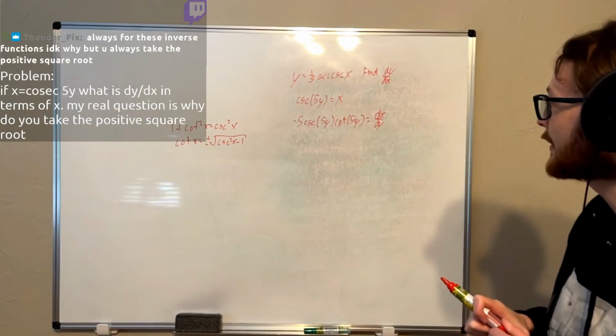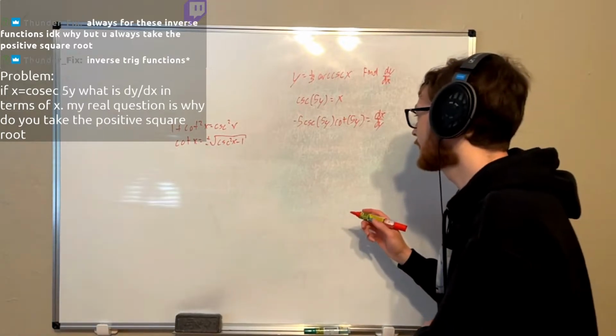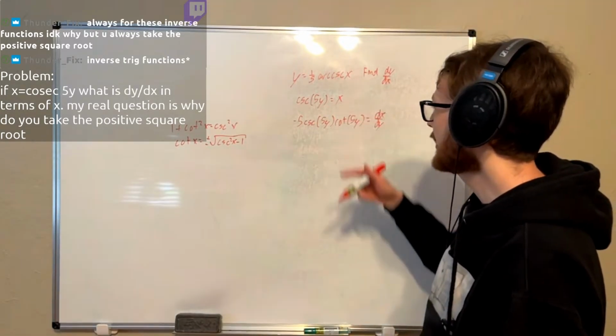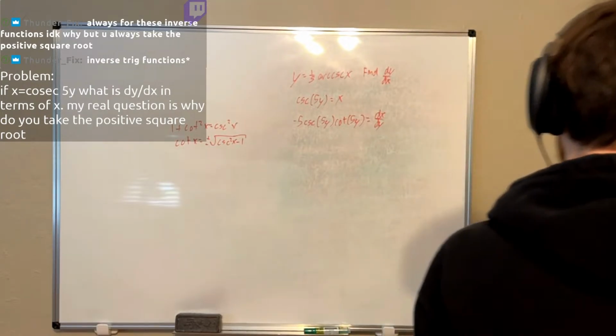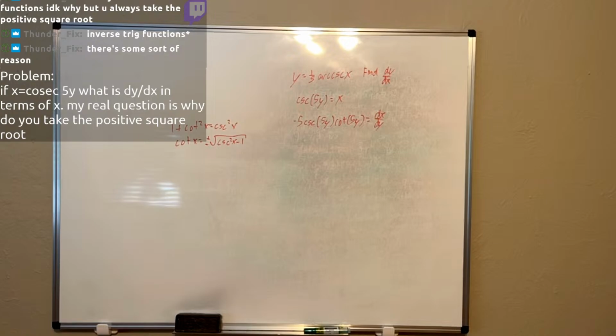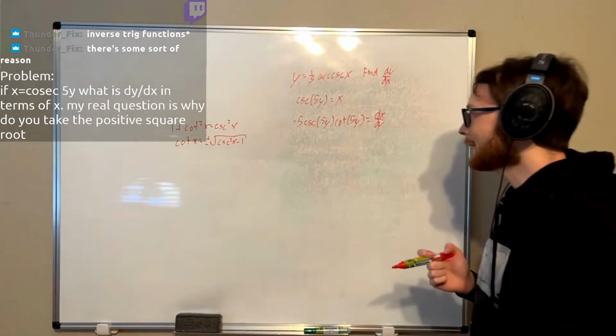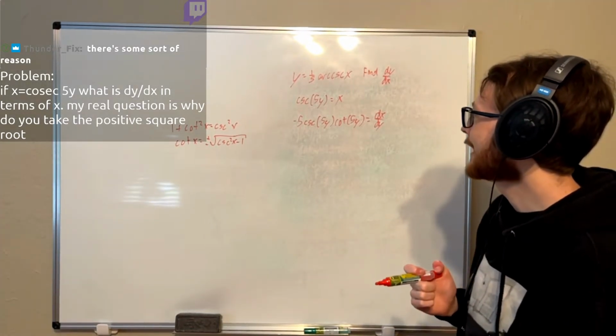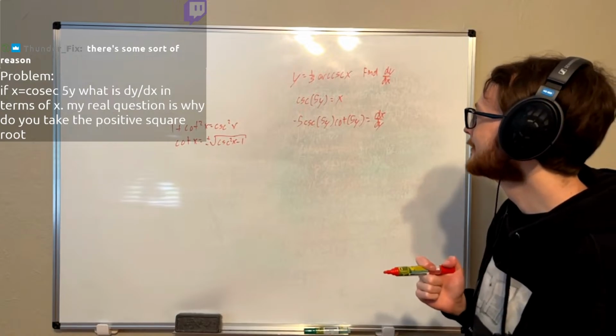I'm trying to think if there's something we can do based off how it works for sine. Because sine and cosecant are definitely related. Inverse functions, I don't know why you take the positive. If there is a universal reason why, I'd love to hear it. I assume you have to tailor it to each problem, though.